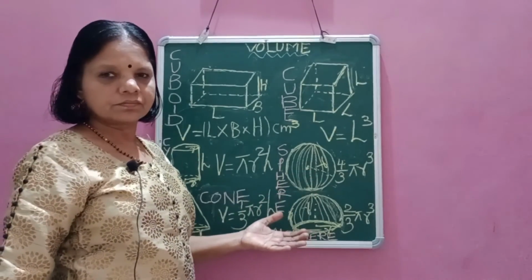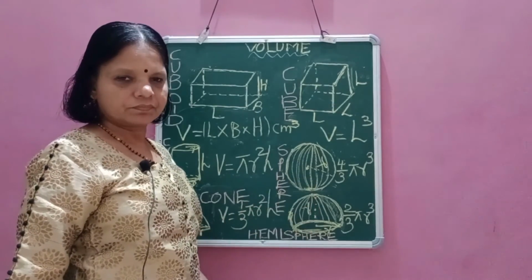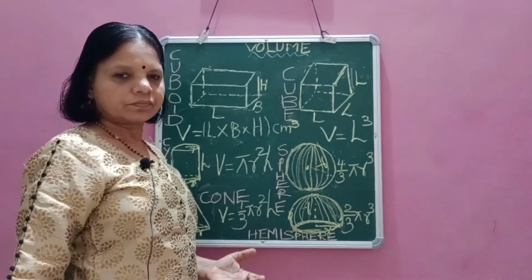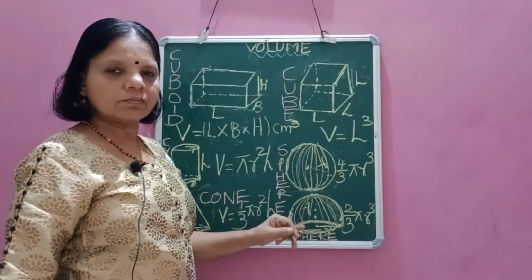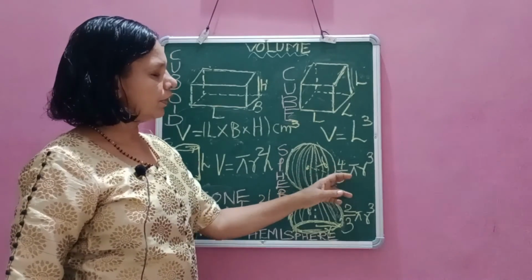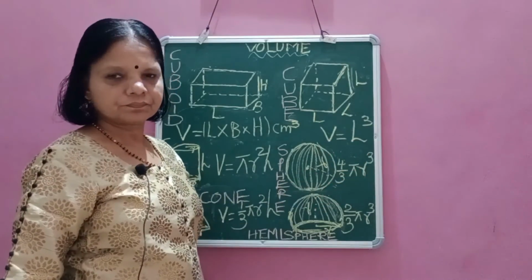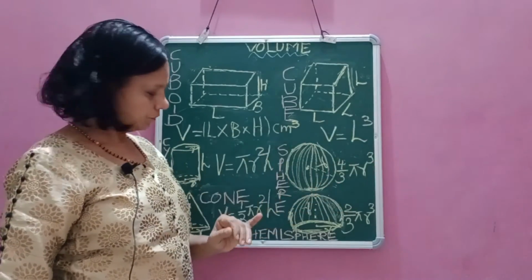I need not introduce what is the object in the spherical shape. Ball. Right? So the formula for finding volume of a sphere is 4 upon 3 pi r cube.